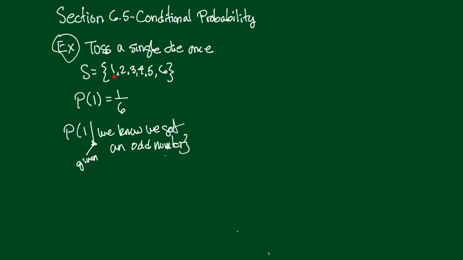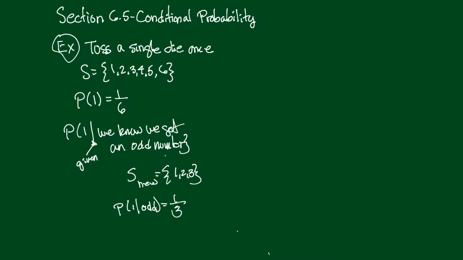The sample space is no longer 1, 2, 3, 4, 5, 6. You know that you got an odd number. So the new sample space is really just 1, 3, and 5. And now the probability of getting a 1, given that you got an odd number already, is 1 out of 3.